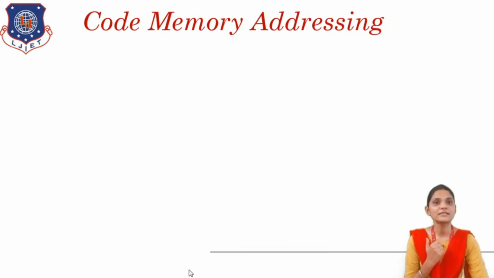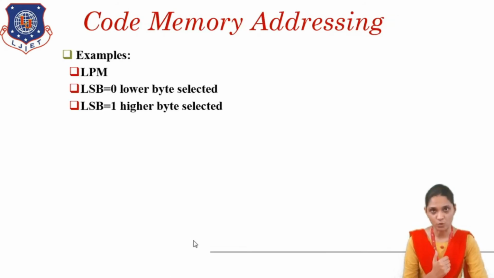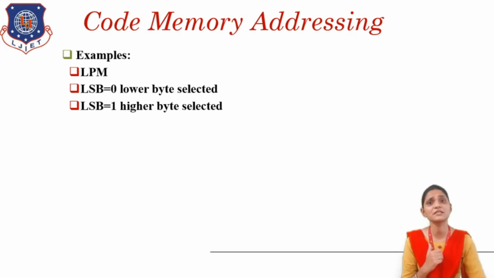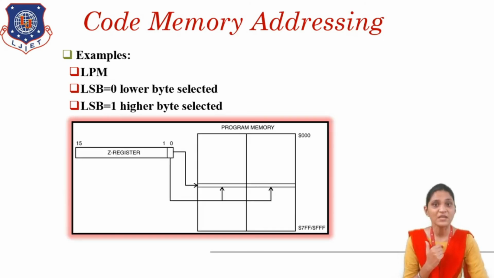Next addressing mode is the code memory addressing mode. Here we are going to use the code memory, how we can access the code memory, or you can say program memory. And for this we have instructions like LPM, load program memory. In this we have the Z register, and the LSB bit of the content of this Z register is checked.